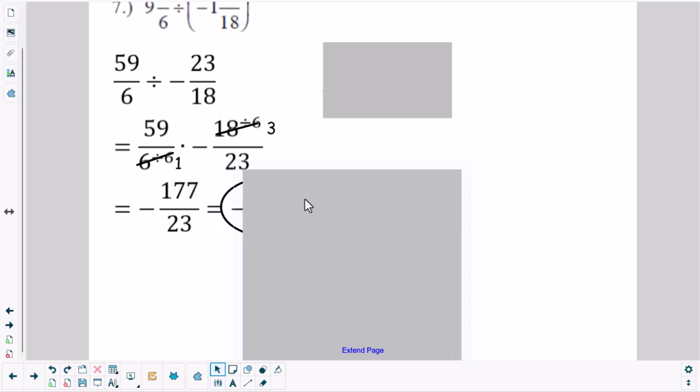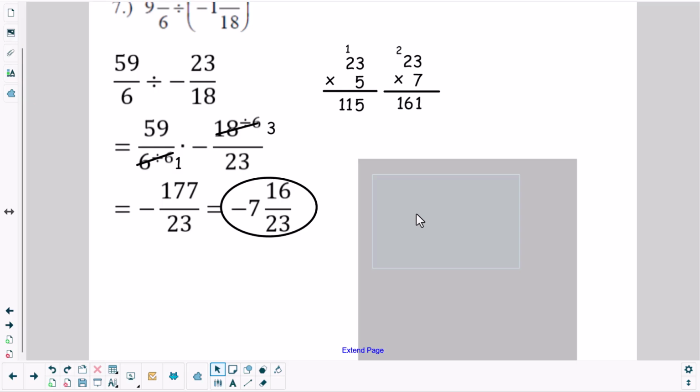Now, it took me some practice to try to see what this would be as a mixed number. So I started with 23 times 5 to see how many times 23 went into 177, and I got to 115. And I knew that was too low, so I skipped the number 6 and went to 7, and took 23 times 7 to get 161.